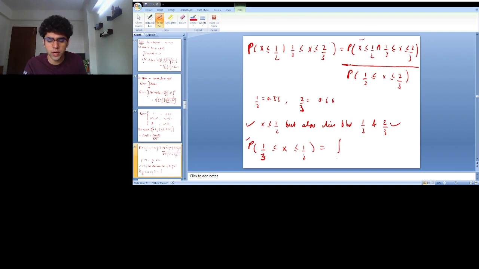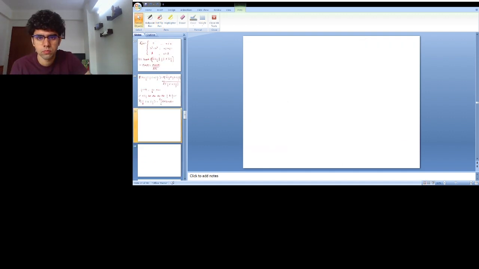So if I want to find this value, I'll just integrate my PDF from 1/3 to half. My lower limit will be 1/3 and my upper limit will be half, and my PDF was 6x(1 minus x) dx. So we were finding this value, right?